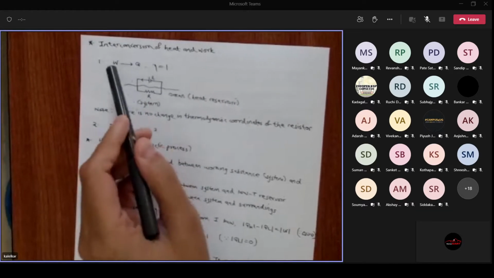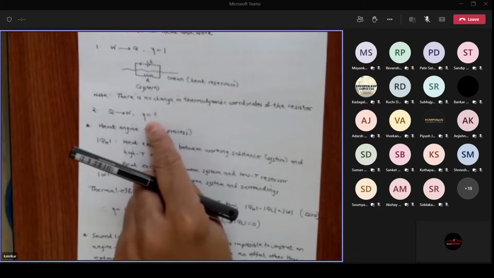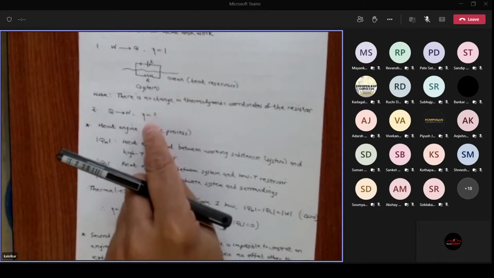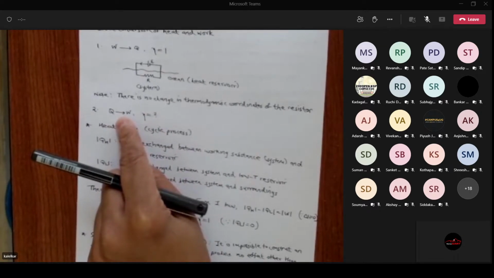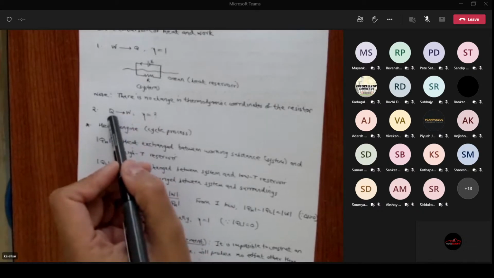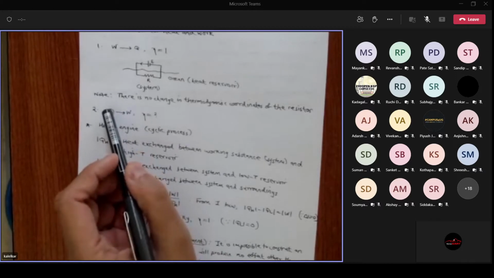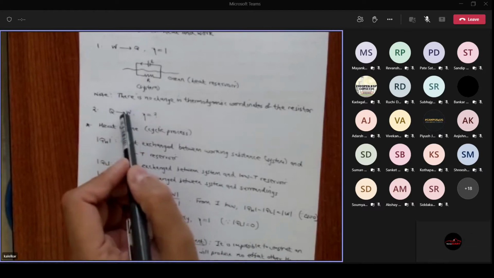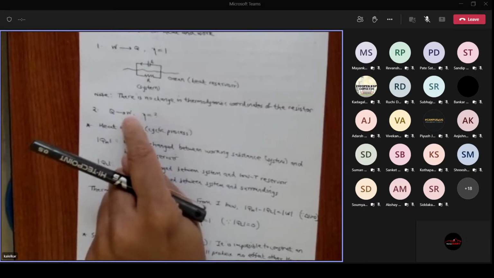So there is no conflict in ensuring that this is a 100% efficient process if I only knew the first law. And suppose, let's say hypothetically, that this process was possible with 100% efficiency.